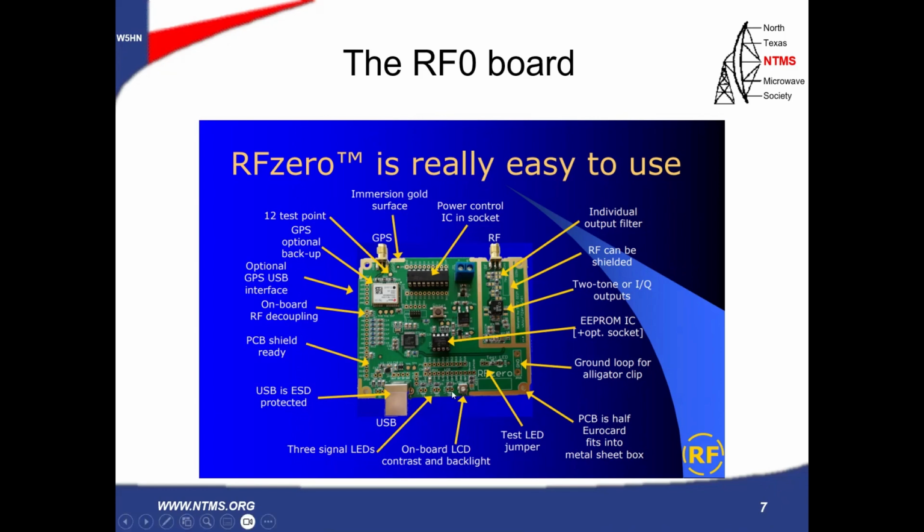There's a green, in my case, there's a green LED that lights to indicate that GPS is active and solid. There's a middle LED that clicks on each second from the GPS. And then there is a far left LED that indicates that the card is outputting RF.